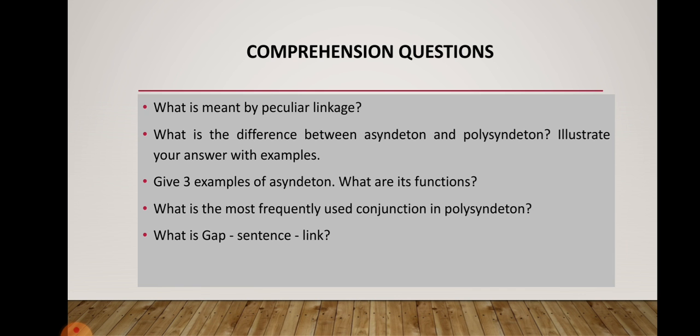What is meant by peculiar linkage? What is the difference between Asyndeton and Polysyndeton, and do your best to illustrate your answer with examples. Give 3 examples of Asyndeton and what are its functions. What is the most frequently used conjunction in Polysyndeton? And what is gap sentence link?